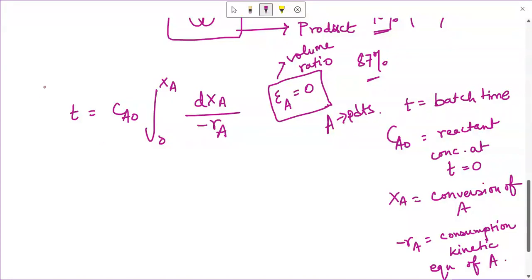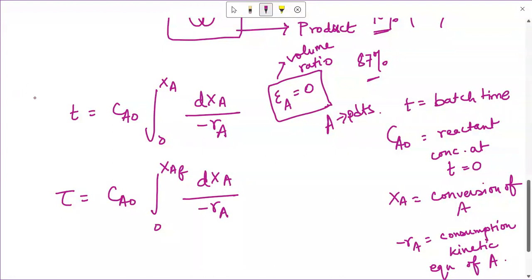If you consider this equation and compare it for the same criteria of a plug flow reactor, that is the space time required to process the volume of reacting fluid to get a desired conversion, then you will get an expression like this: tau = Ca0 ∫ from 0 to Xaf of dXa / (-Ra).